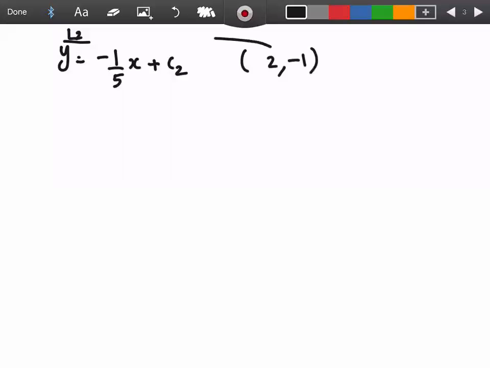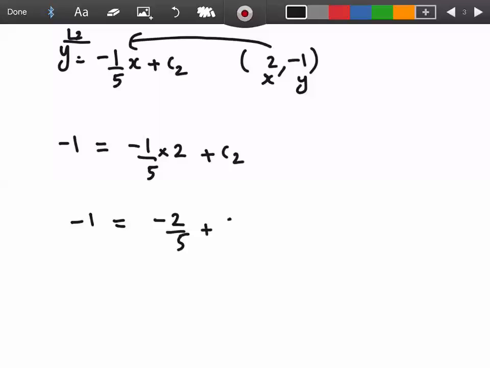This is our x coordinate and this is the y coordinate. So instead of y, substitute -1. So -1 = -1/5 times 2 plus c2, so -1 = -2/5 + c2. Bringing the -2/5 to this side, it becomes -1 + 2/5 = c2.